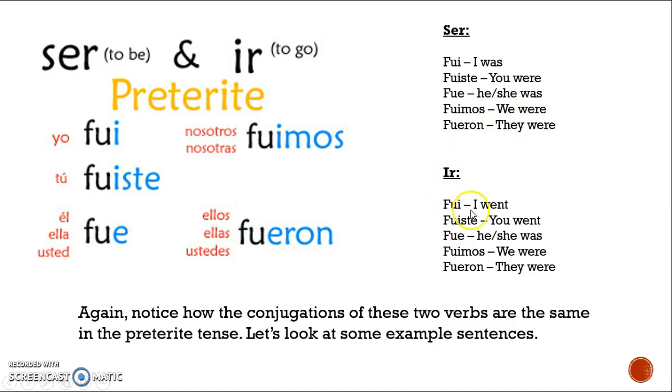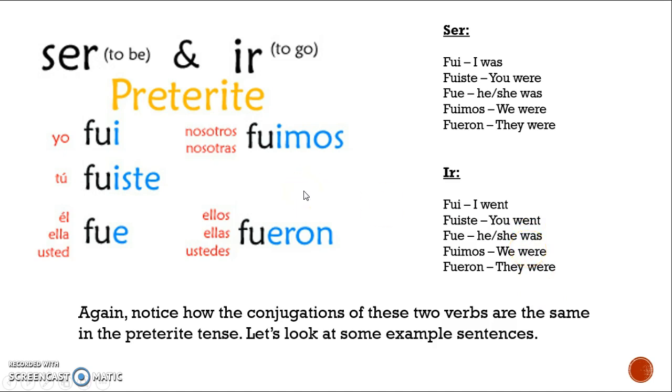Ir, fui would mean I went, fuiste, you went, fue, he or she, whoops. Okay, all three of these need to say went. He or she went, fuimos, we went, and fueron, they went. Sorry, all of this should mean went. So don't copy these three down in your notes like this.